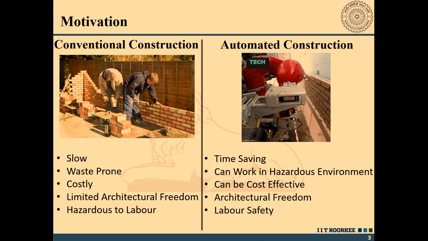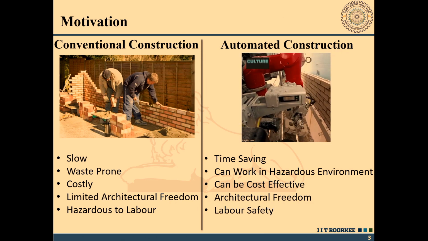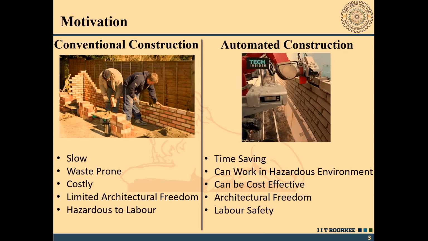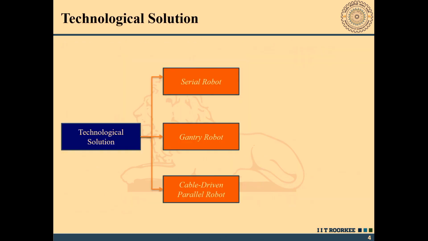There is a company in the US that used a serial manipulator for brick laying and applying mortar on the brick. So, it is time saving, can work in hazardous environments, can be cost effective, there could be some architectural freedom, and labor safety is also possible here.